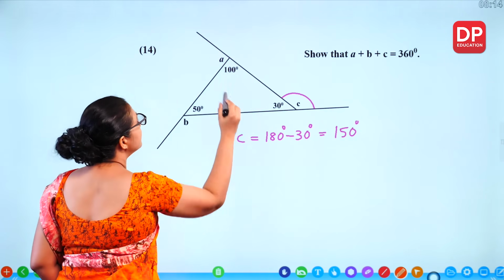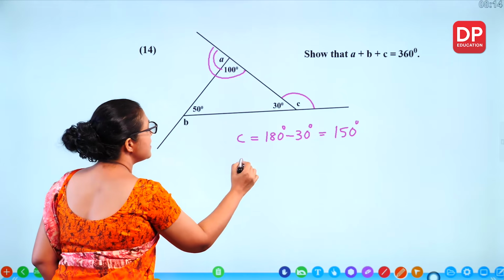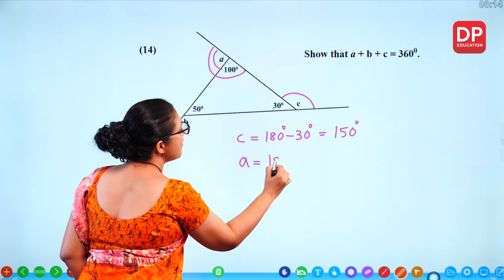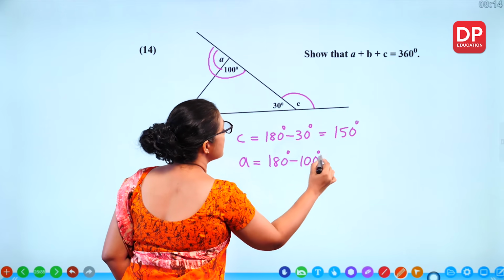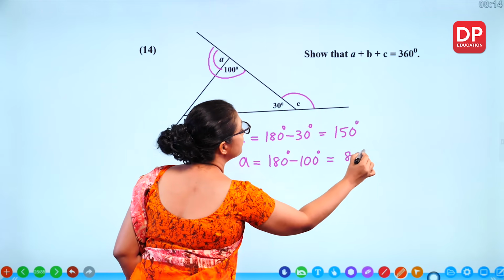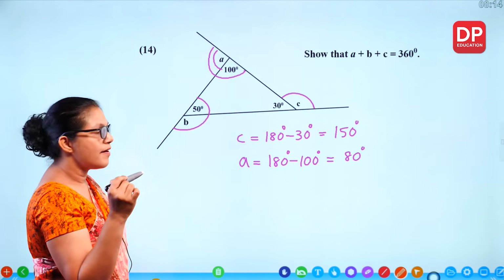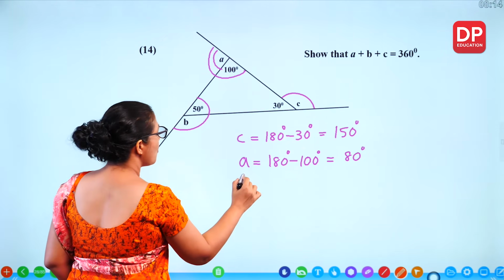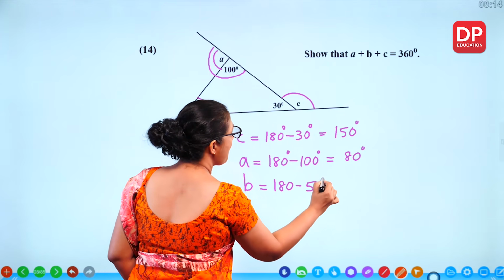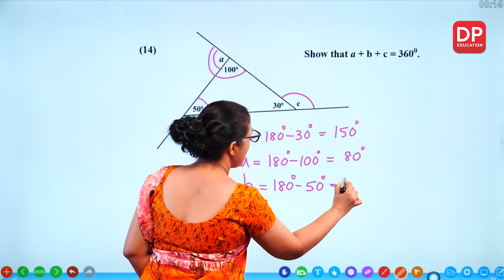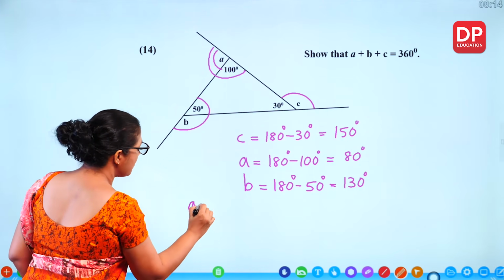What's A angle? This one. We know this whole thing is 180. So A angle is 180 minus 100. That's 80 degrees. What about this one? This is also add up to 180. That's a straight angle. So B equals 180 minus 50. That's 130.